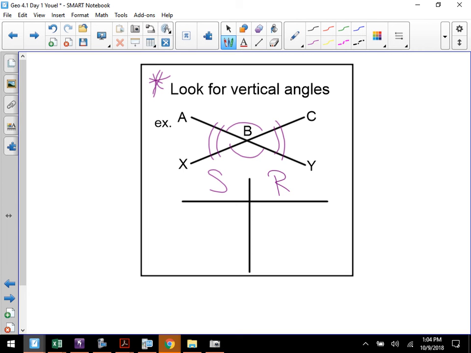I would write angle ABC is congruent to angle XBY. The reason that I can do that is because we know, by definition, vertical angles are congruent. And that's what you would put in your progression sheet. Just a little example of what it would look like.